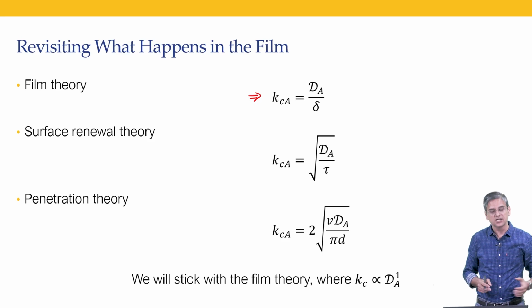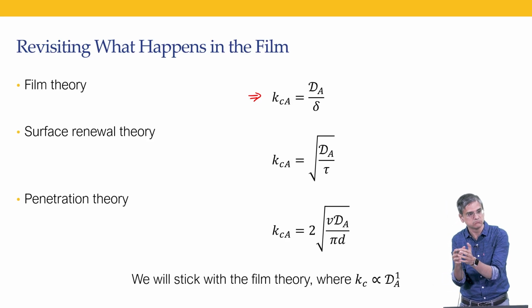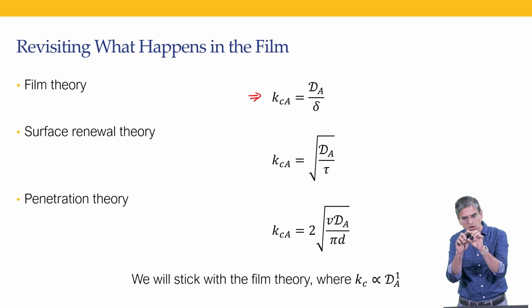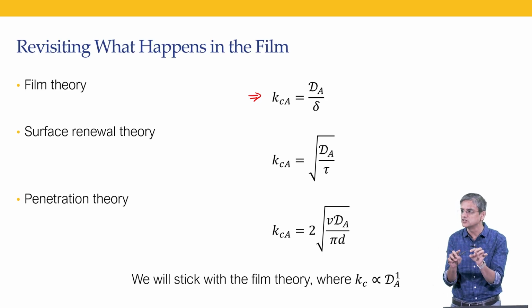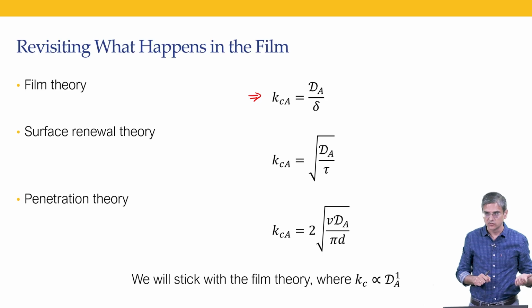On the other hand, surface renewal theory talks about, let us say, a packet that comes to the surface and spends a certain amount of time there and then gets mixed or gets reacted. How does that come about? You can think of that particular small part of the surface like a semi-batch reactor.